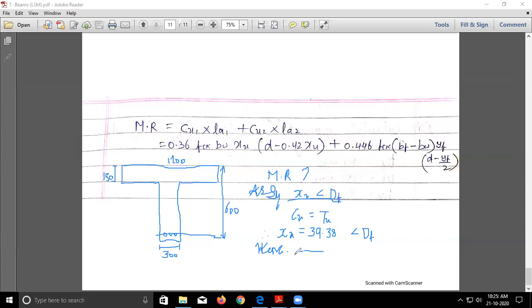Exactly. Whether it is an under reinforced section or not. So now find out XU max.